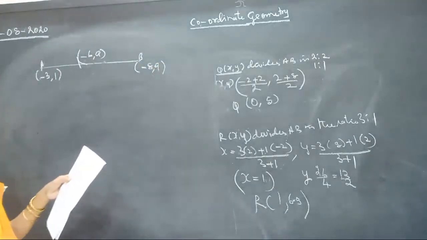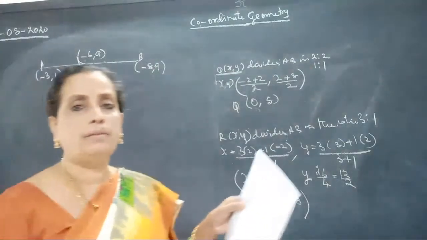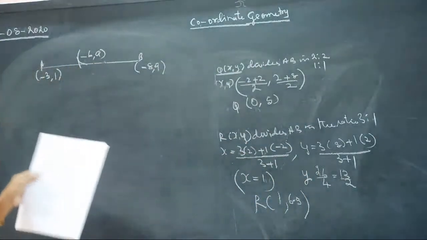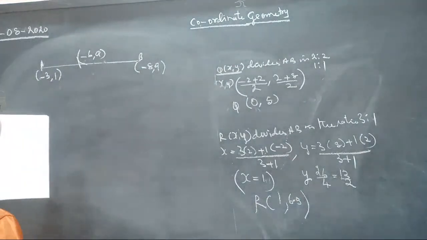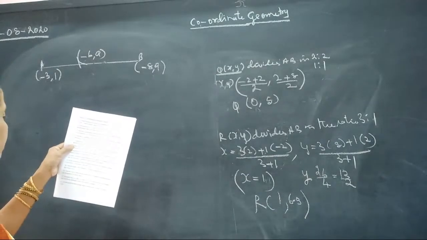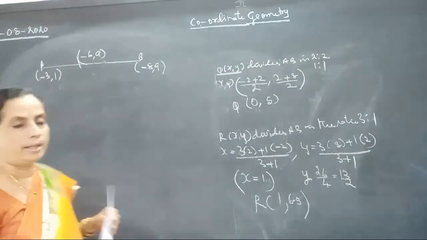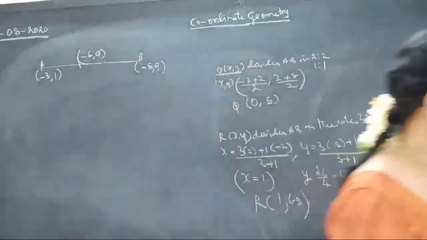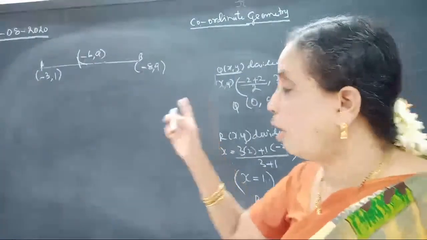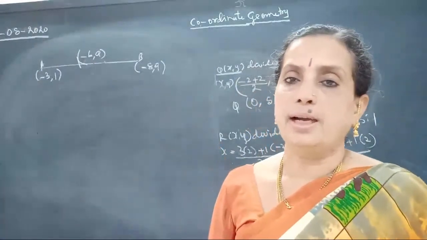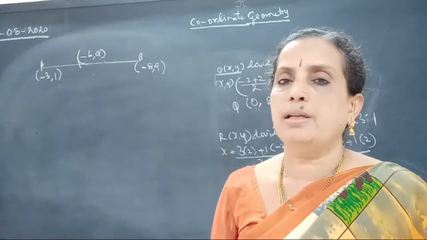Here the question should be: determine the ratio in which the point, not join, the point minus 6 comma A divides the join of minus 3, 1 and minus 8, 9, and also find the value of A. In the section formula explanation it was clear. Whenever we don't know in what ratio, in such a condition, what should we assume, how should we proceed.